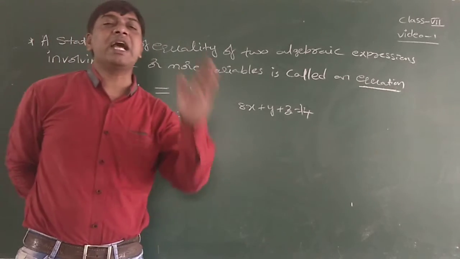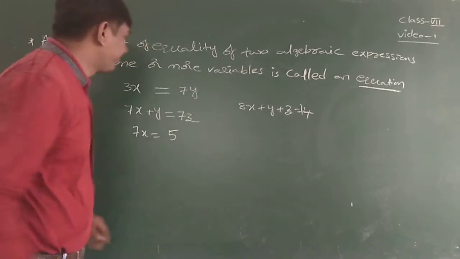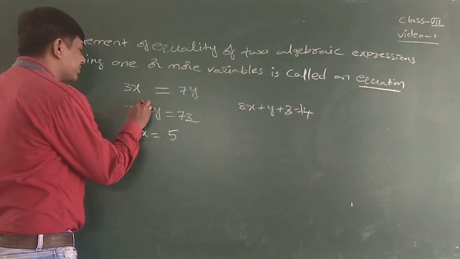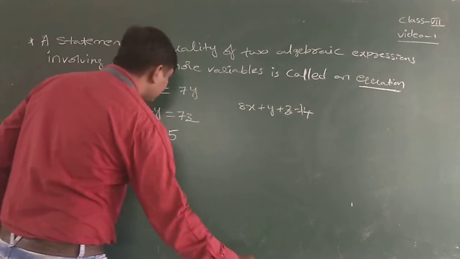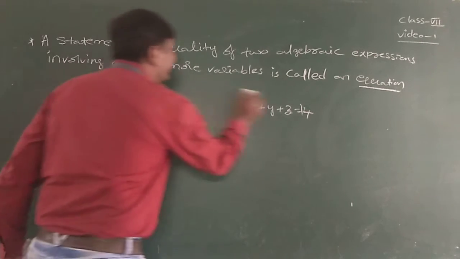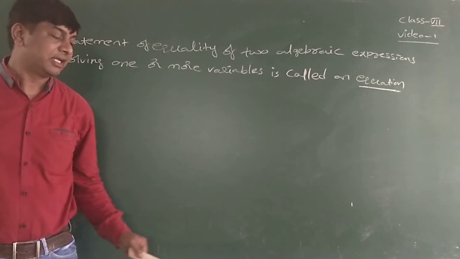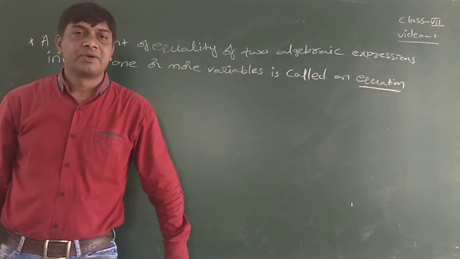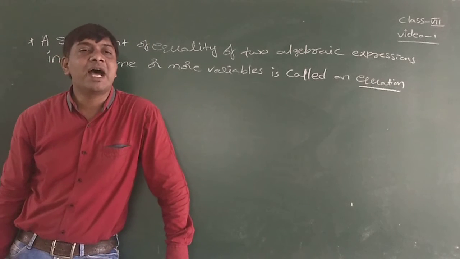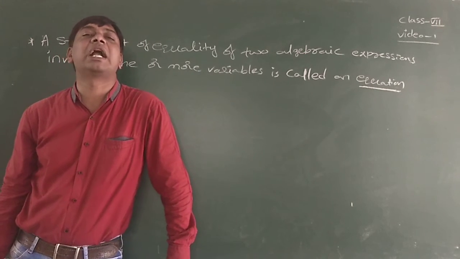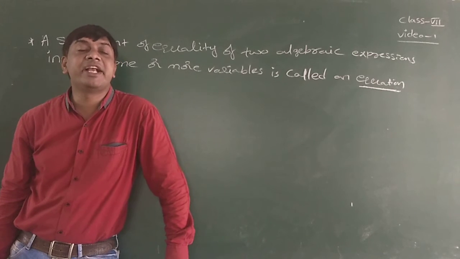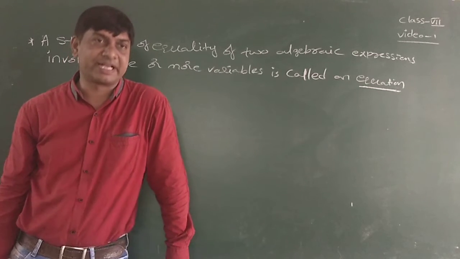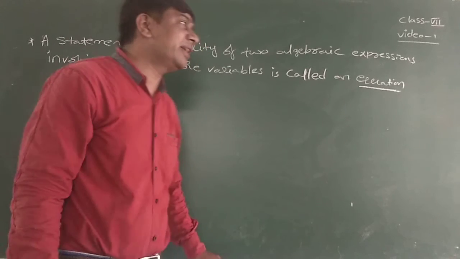An equation of degree 1 is called a linear equation. Linear means 1. Okay, an equation of degree 1 is called a linear equation.